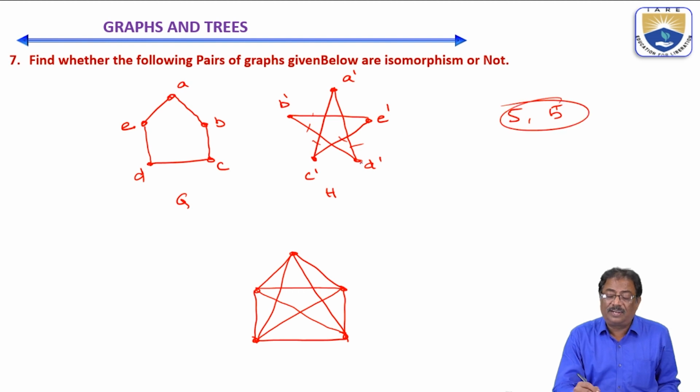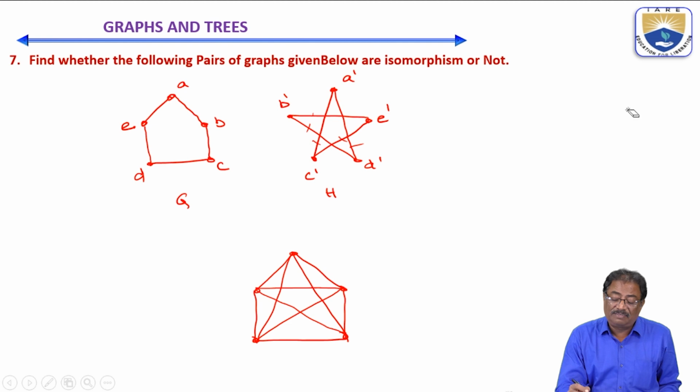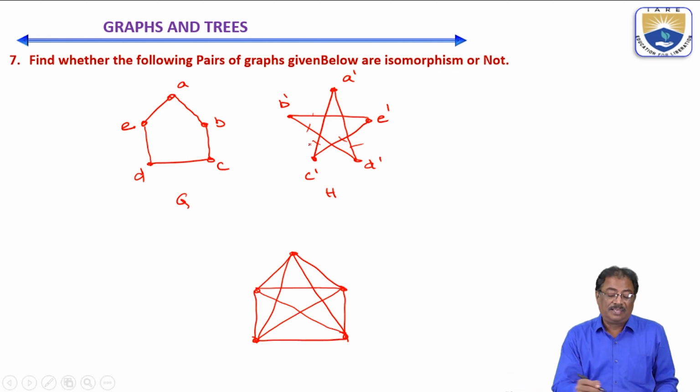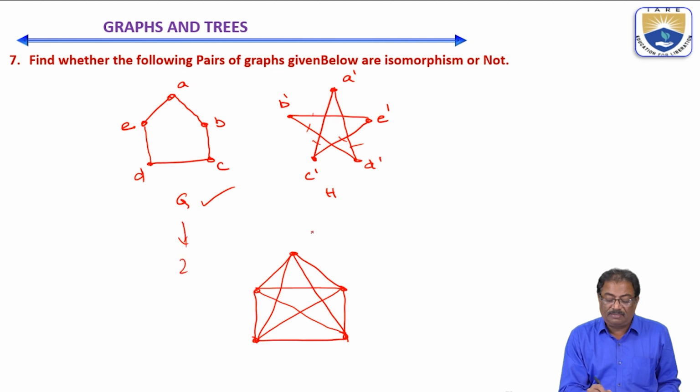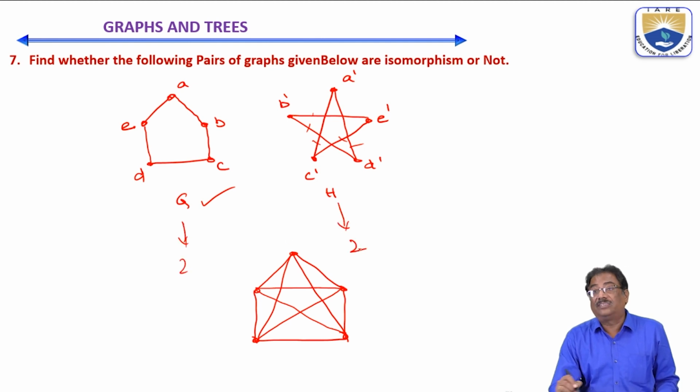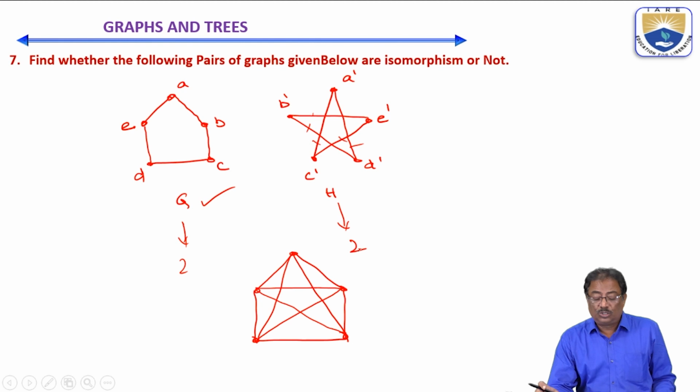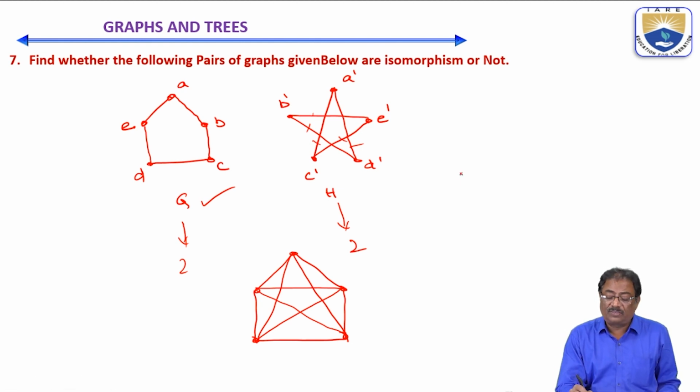So both vertices and edges are the same, and if we consider the degree sequence, each and every vertex degree in G is 2, and each and every vertex degree in H is also 2. So we can say that both graphs are isomorphic to each other. So G is isomorphic to H.